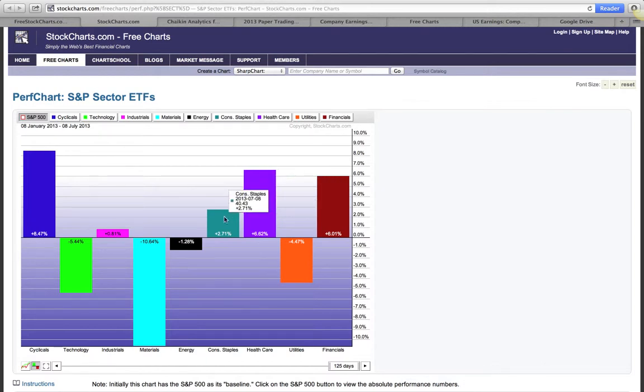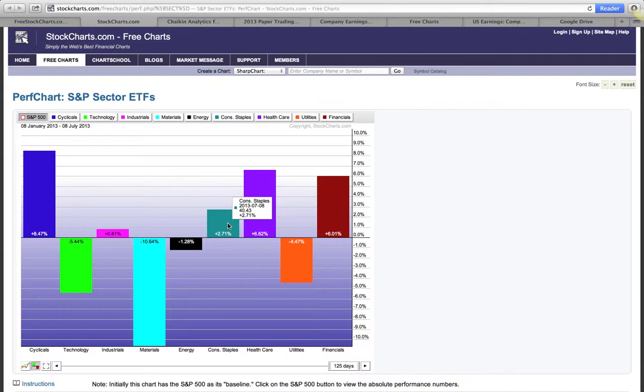Now, this one is starting to pop its head up again, and this is kind of interesting. Consumer staples are a defensive sector. They have yield, and generally, people that are looking for stocks that pay a dividend will go into this particular sector of the economy.